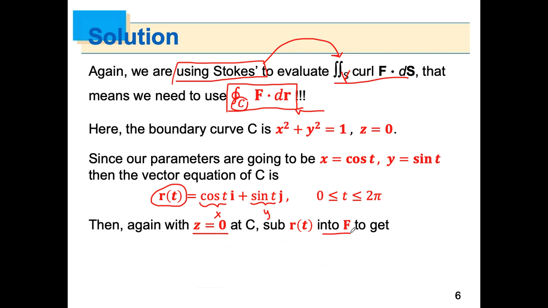If I were you, I'd back up the video and make sure you write down that vector field F. We're going to substitute our position vector into the vector field itself. Please don't forget, z equals 0 at the boundary curve because it's on the ground. Plug that in and we end up with this. I invite you to pause the video here, or even go back, write down the vector field, and confirm that this is true.